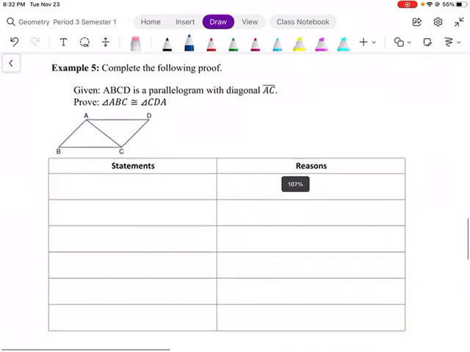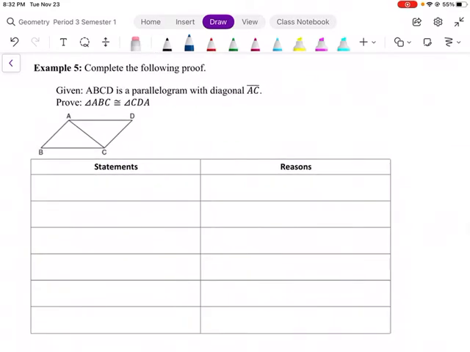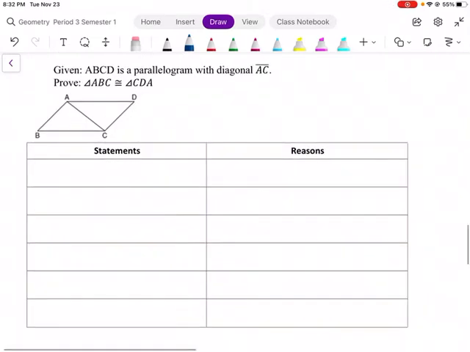The last thing we are going to do is complete a proof. And we're just doing these one at a time to get some practice in, and we'll focus more on these later. So in this proof, we are given that ABCD is a parallelogram with a diagonal AC. So we're just going to write all of that down in our given information.